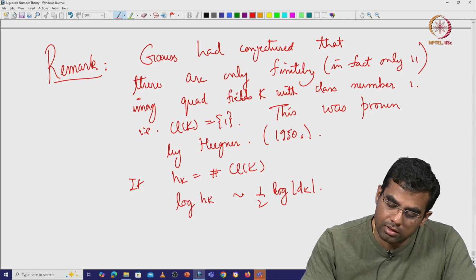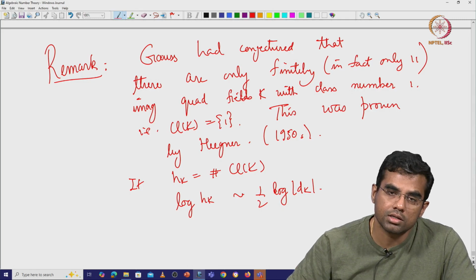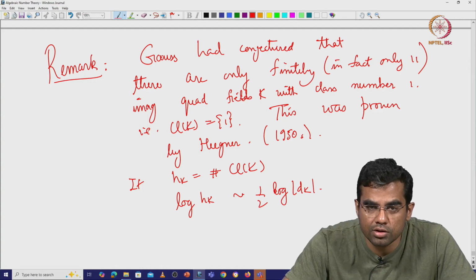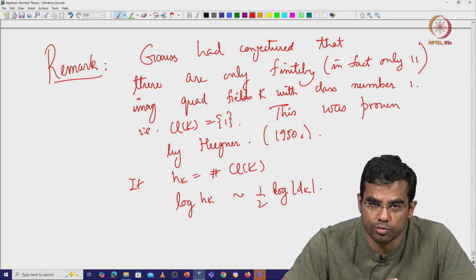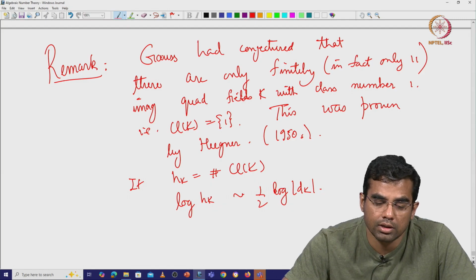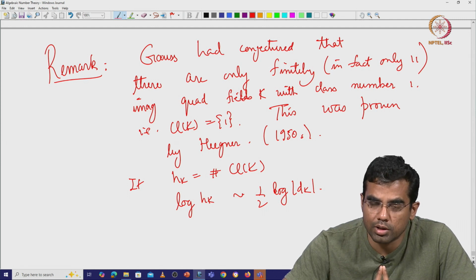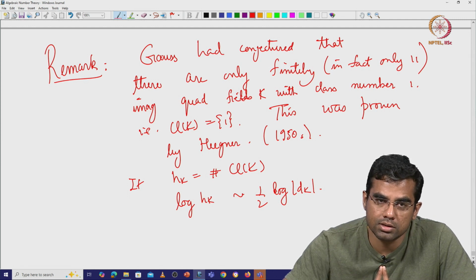Yeah, and the other thing which is still unknown is what is the structure of the odd part of the class group of imaginary quadratic fields, and it seems to be cyclic almost all the time, like maybe more than 97% of the time, but that is sort of conjectural.